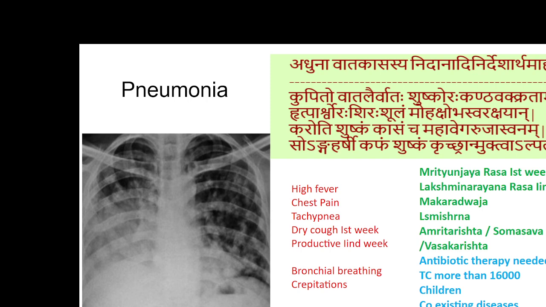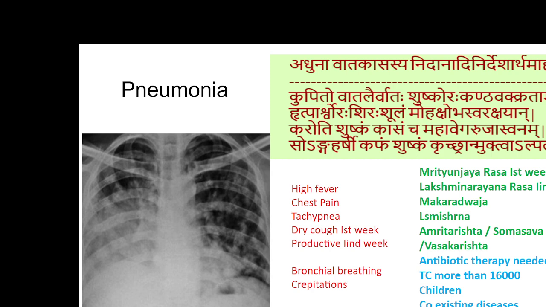And a typical pneumonia would present in the initial stages with the dry cough, that's what is considered as vatajakasa: kupito vatali vatha, shushka urak kanthavaktratam, hritpasha uras shirashulam mohak shovasvarakshayana, karoti shushkam kasam.